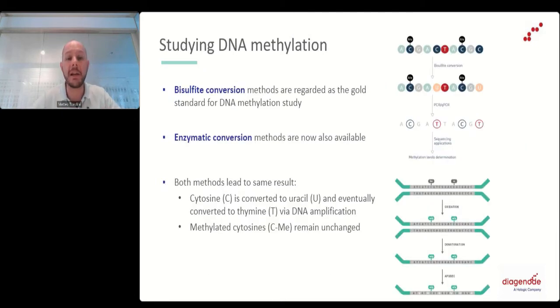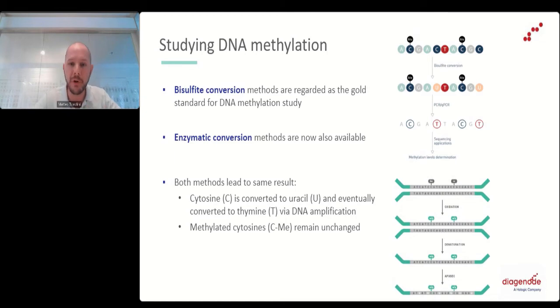So how can we study DNA methylation? The gold standard to study DNA methylation is the use of bisulfite conversion. What is bisulfite conversion? Bisulfite conversion is a chemical reaction which transforms unmethylated cytosine to uracil, and then after PCR or library preparation to thymine, while the presence of a methylation over the cytosines will basically impede that modification from happening.